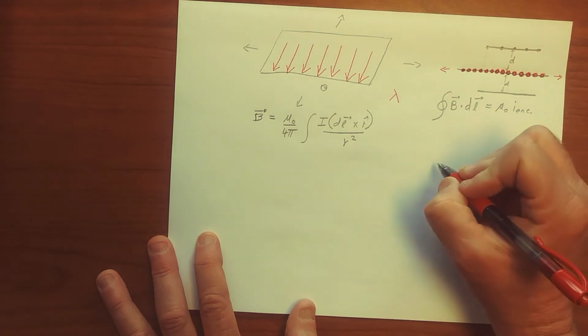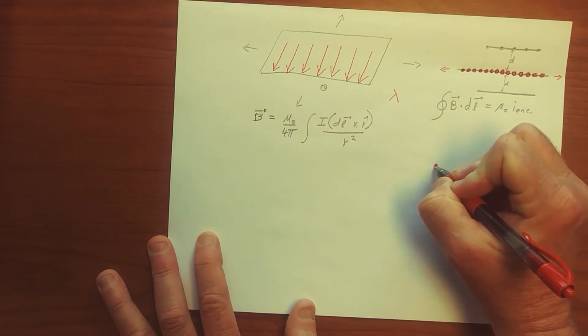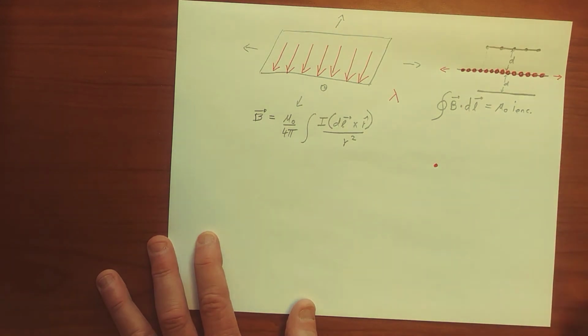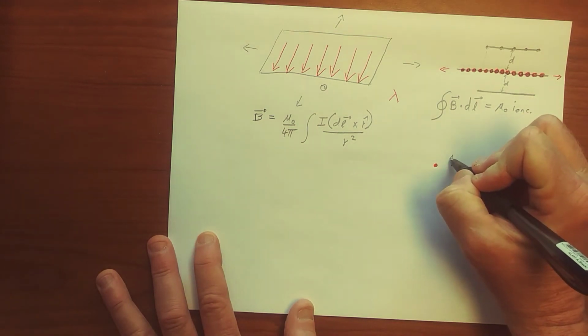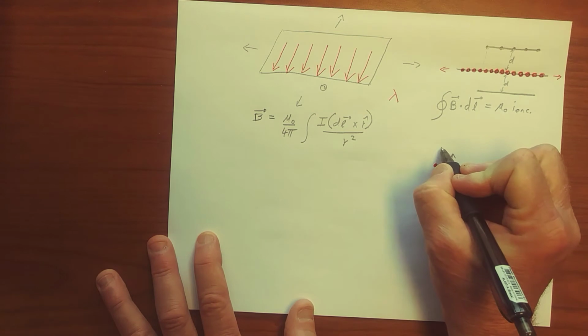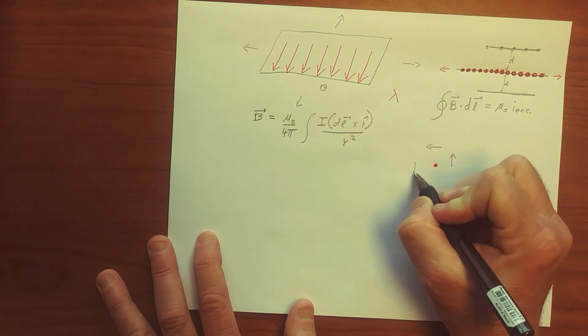the net magnetic field is just the combination of magnetic fields of the infinite long current carrying wire.